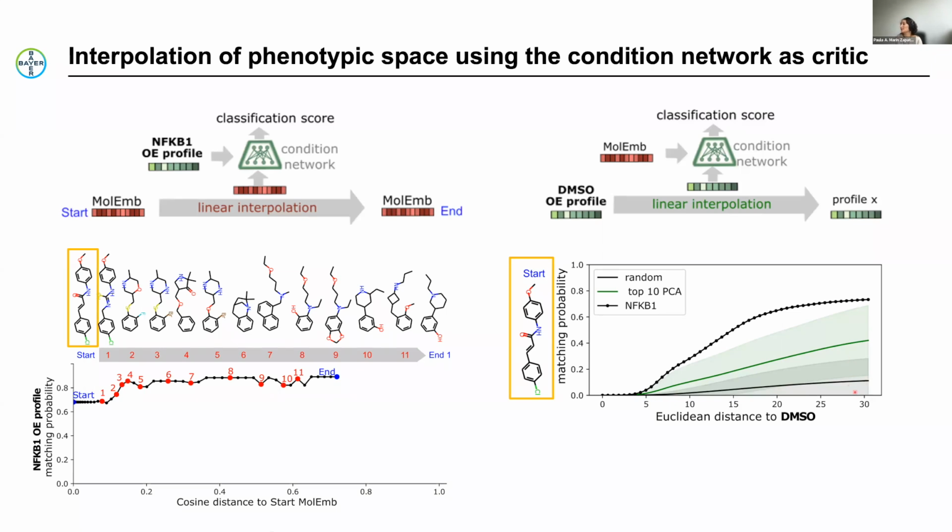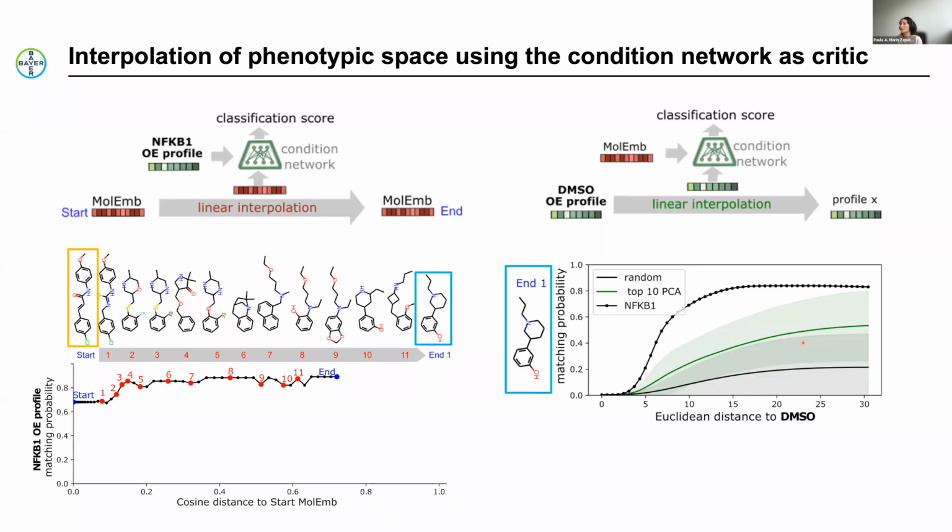So this shows that the model is indeed learning some meaningful trends in the morphological space, and it doesn't rely only on general activity or general phenotypic strength as it is represented by the top PCA components.